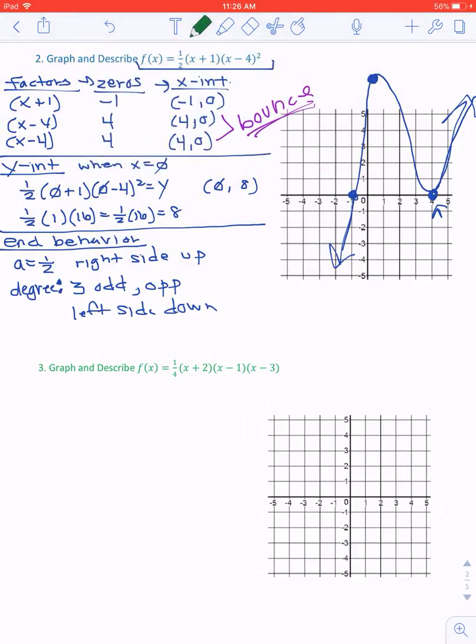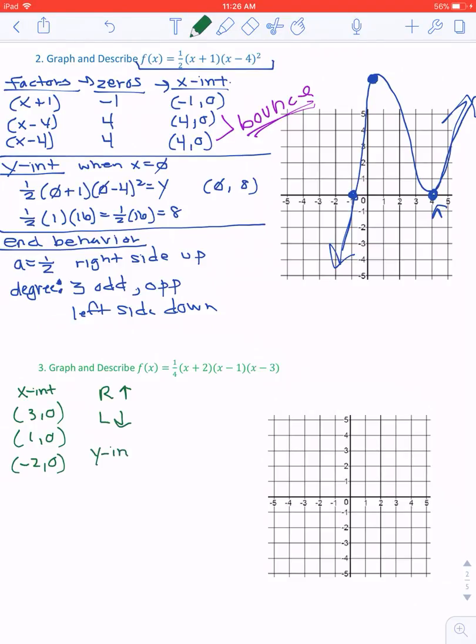All right, I'm not doing all of number 3, but you should have these x-intercepts. You should be going right side up, left side down.